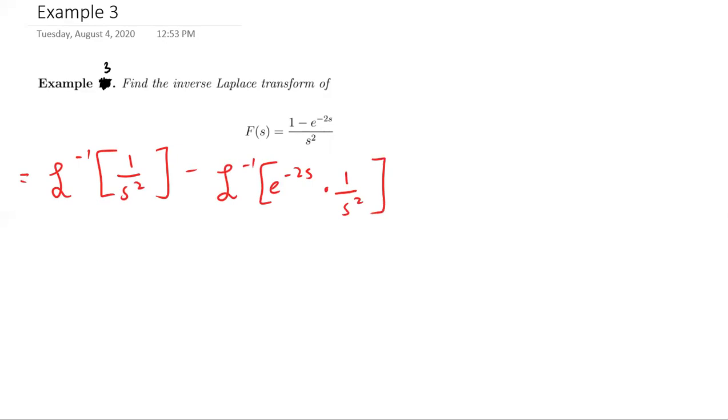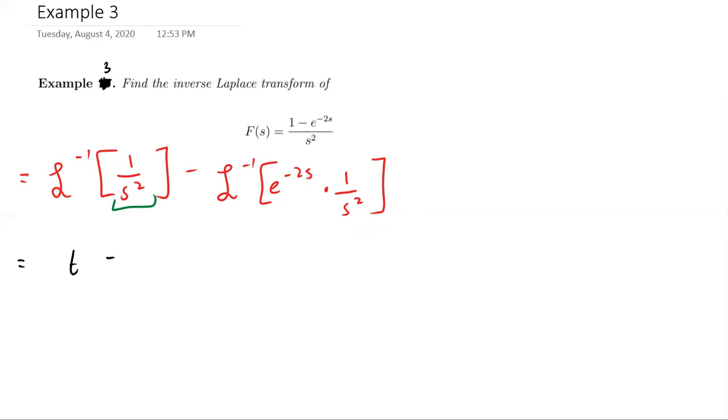And again, this is just separating the difference, using the linearity of the Laplace transform. Now, we can go back to our table, and you can identify that this is just the Laplace transform of t, which means that the Laplace inverse of 1 over s squared is just t.